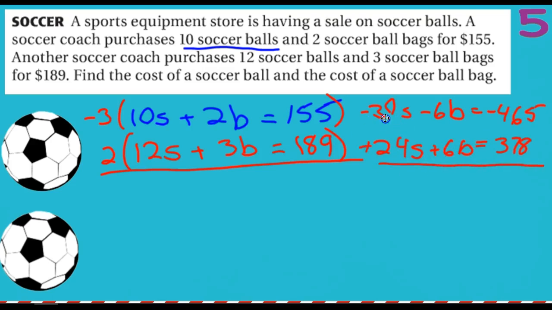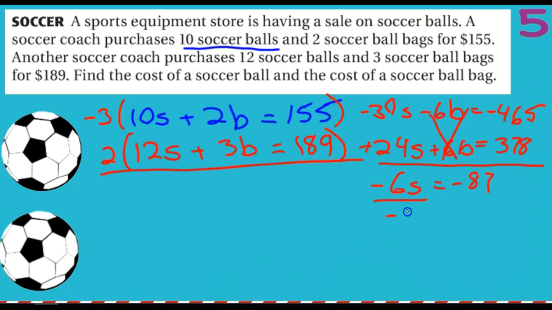So if we add these together, negative 30S plus 24S gives a negative 6S. Those cancel. And a negative 465 plus 378 gives a negative 87.